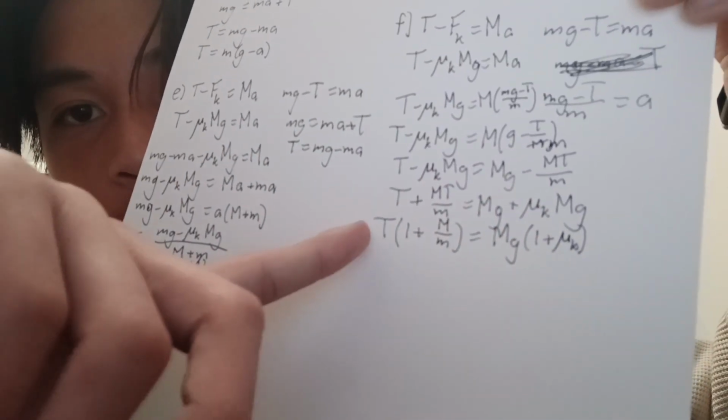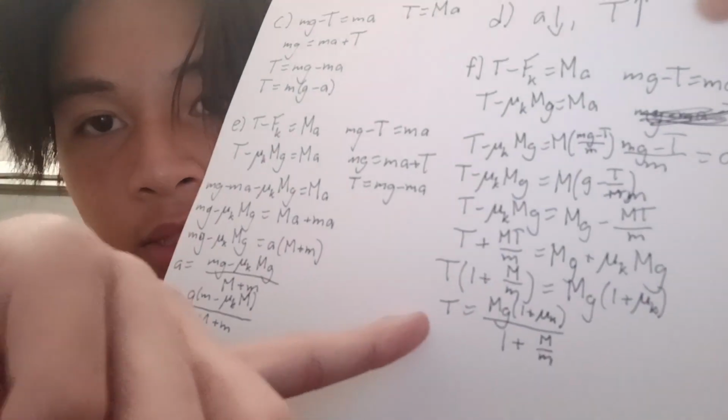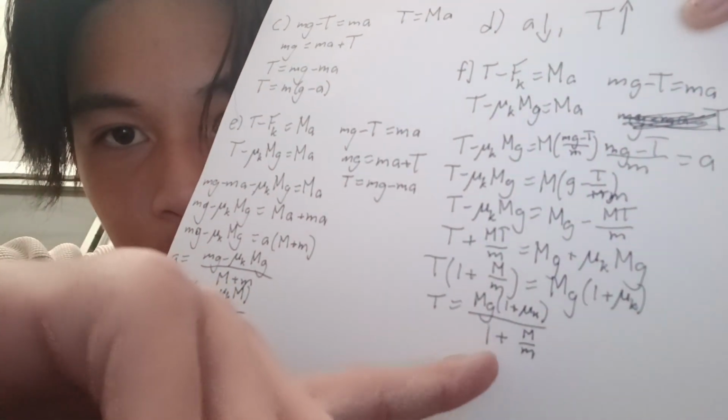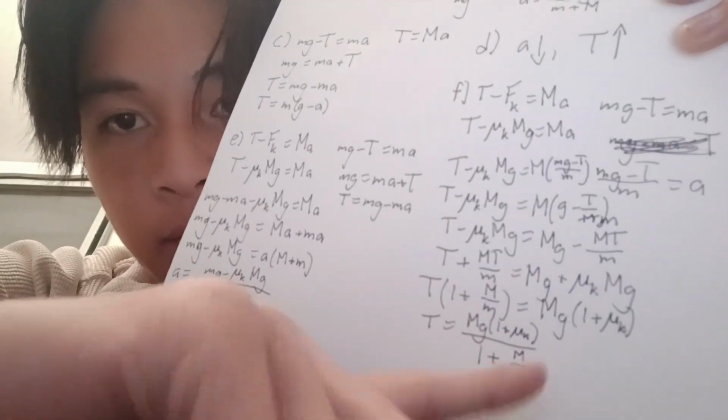And now that you have T, you can just divide both sides by this. So T equals capital M g times 1 plus mu k over 1 plus capital M over lowercase m. Here we go.